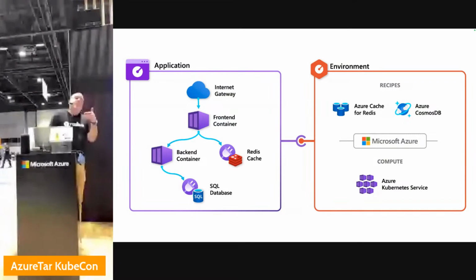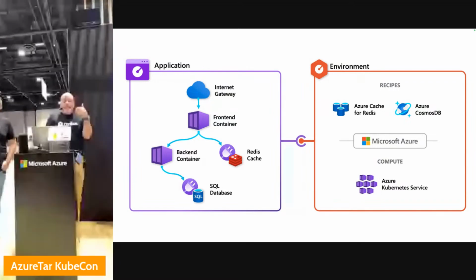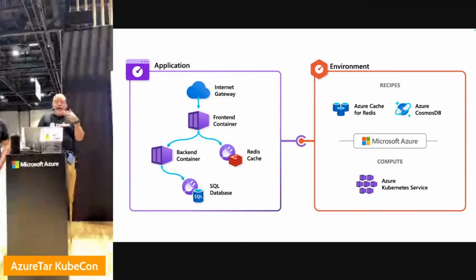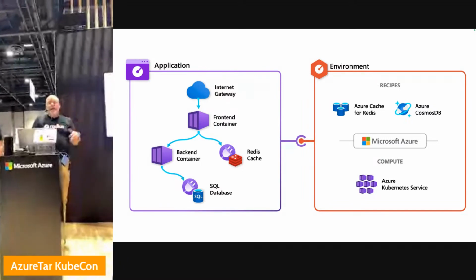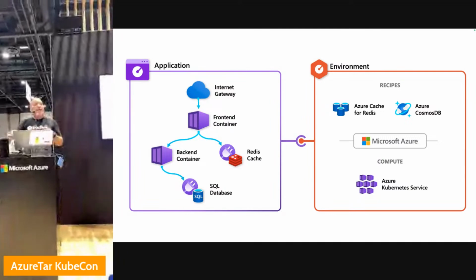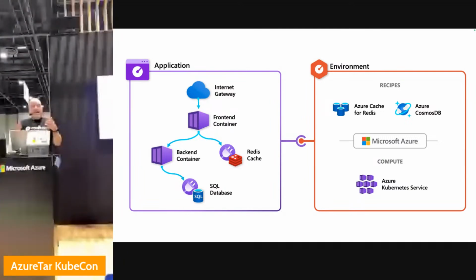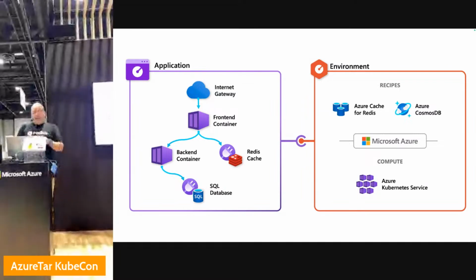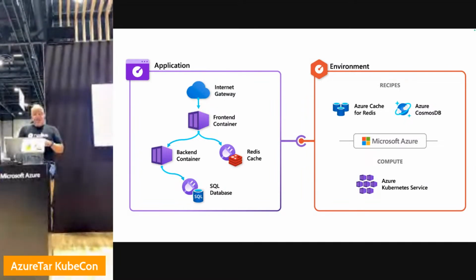So the recipes in the Azure environment bind that application to Azure native resources, including Azure Cache for Redis and Azure Cosmos DB, with the deployment happening to Azure's Kubernetes service. All that binding happening with no change to the application code.